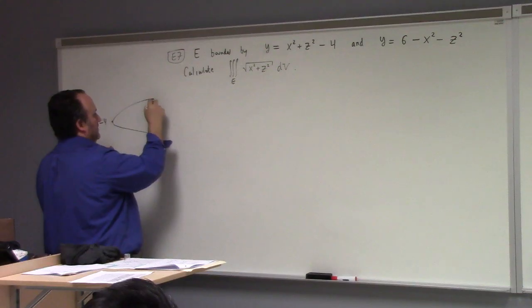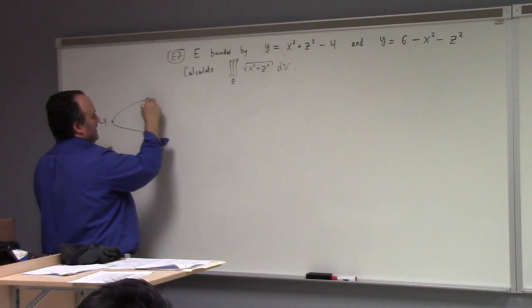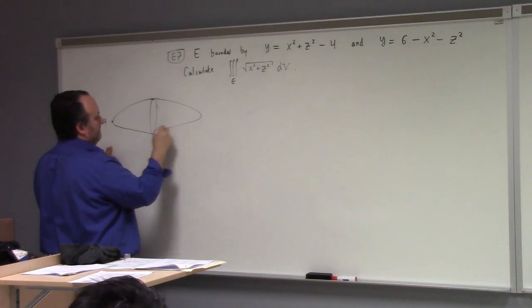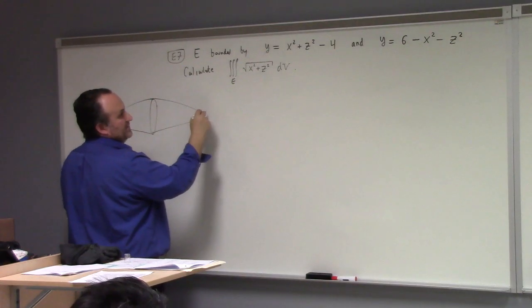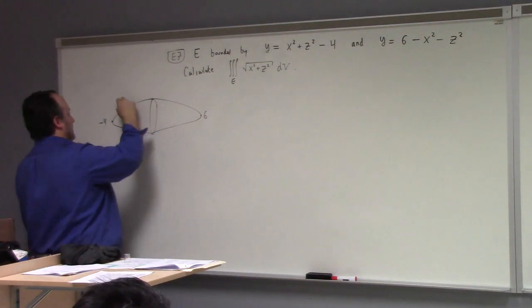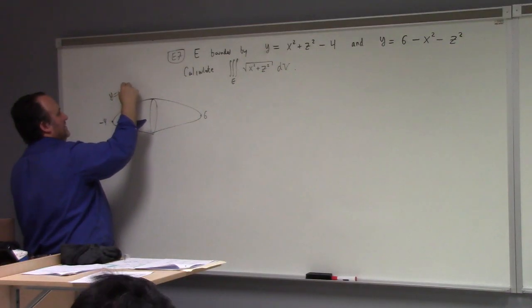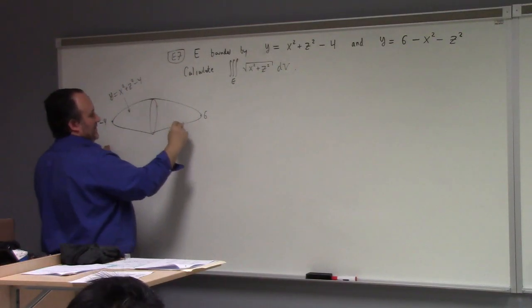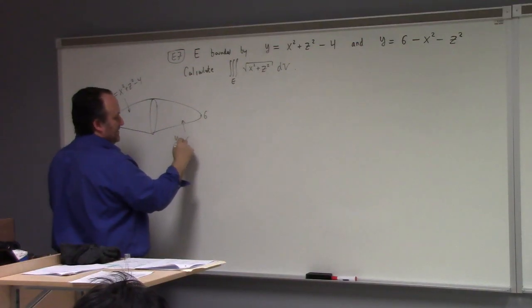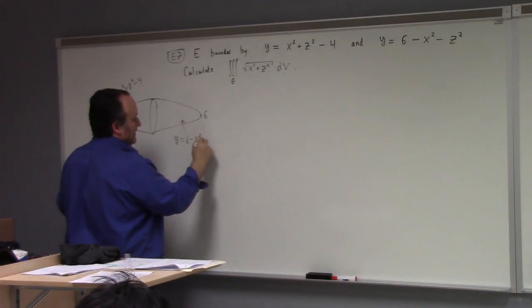I don't really know, I think they're going to meet on a circle. And here's like 6. So this one would be y is equal to x squared plus z squared minus 4. This one I think would be y is equal to 6 minus x squared minus z squared.